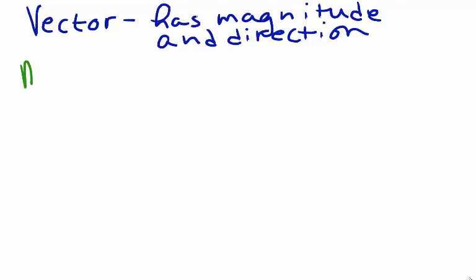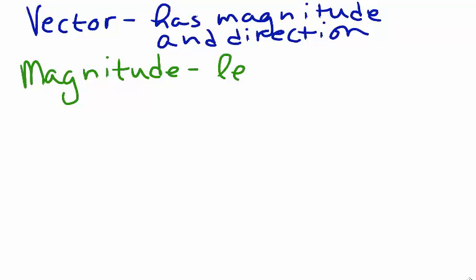The magnitude can also be called the length of the vector, and it's denoted by the absolute value of V. Length is always a positive value.